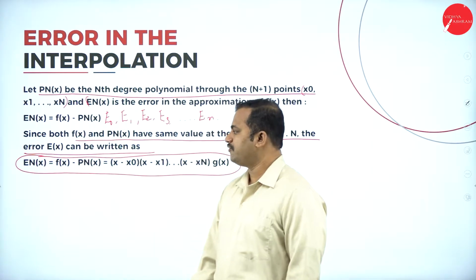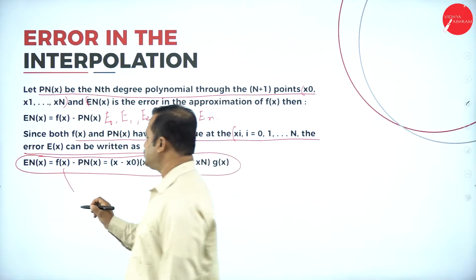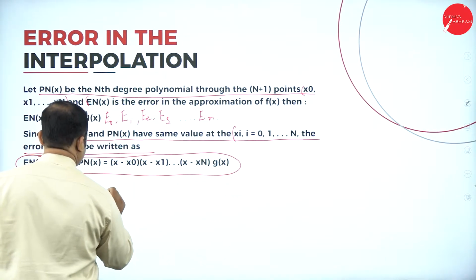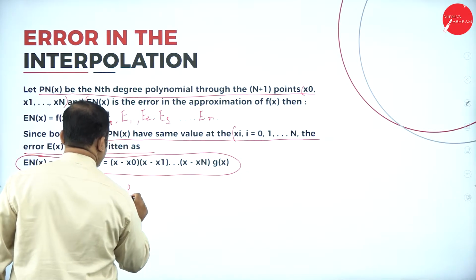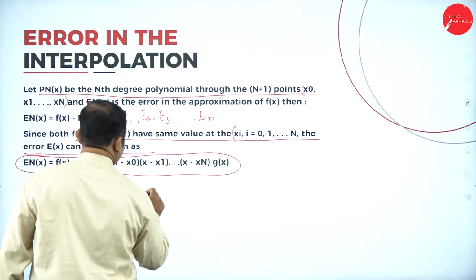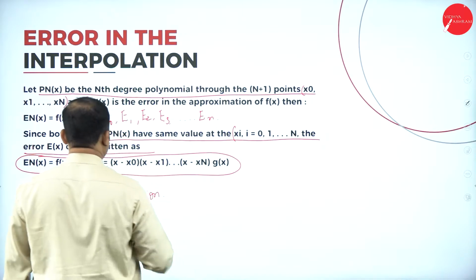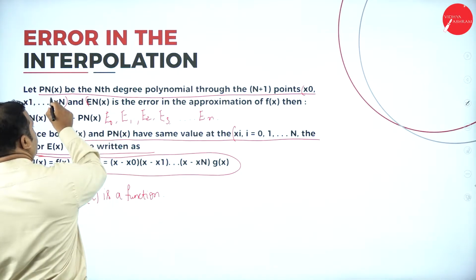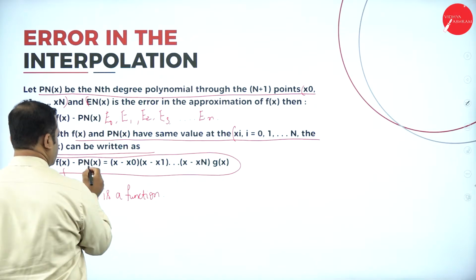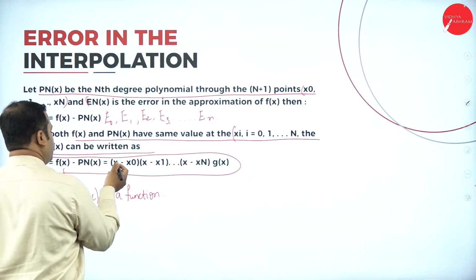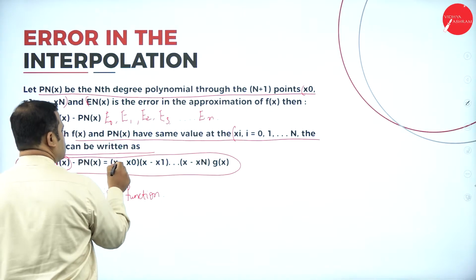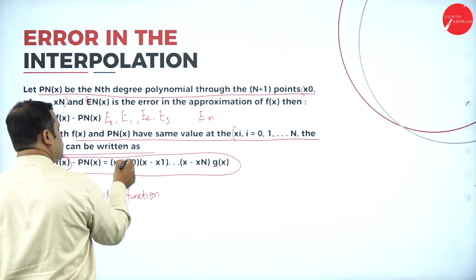What is the meaning of f of x here? F of x is a function. Then Pn of x, what is the meaning of Pn of x, which is already informed here? Pn of x equal to, what is f of x here? X minus x0.